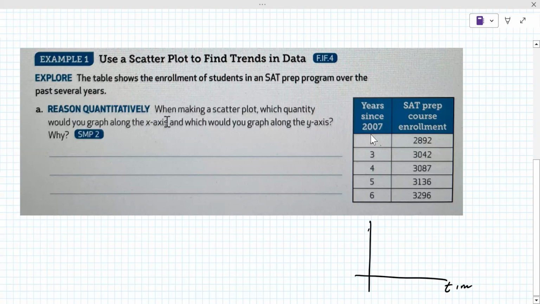It's good to order the x values as well to see if there's a general trend. Like, do you see the enrollment going up or down or neither in this case? I see it going up. Yeah, and it doesn't have to go up every time. You just have to see from start to finish a general increase. Like your batting average, maybe game 2 versus game 6, you've seen some improvement.